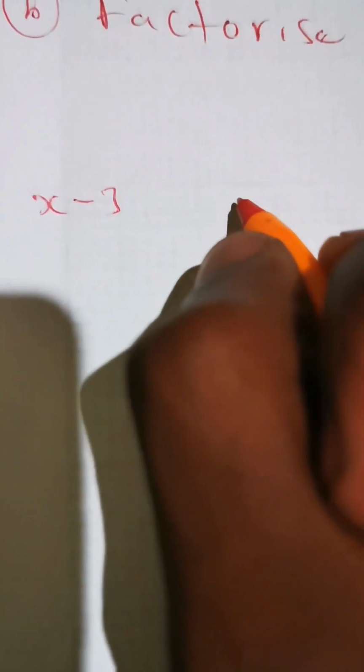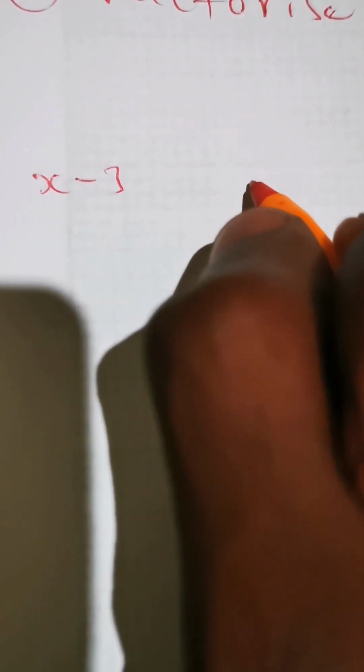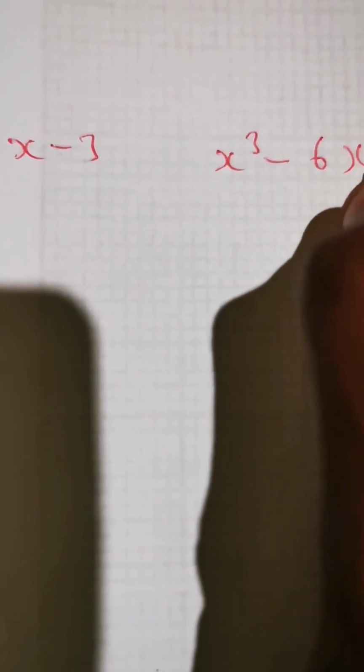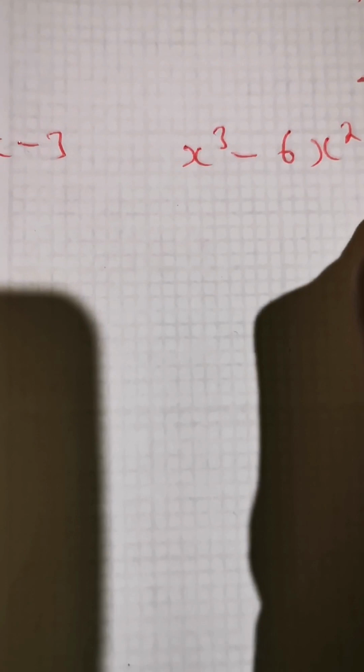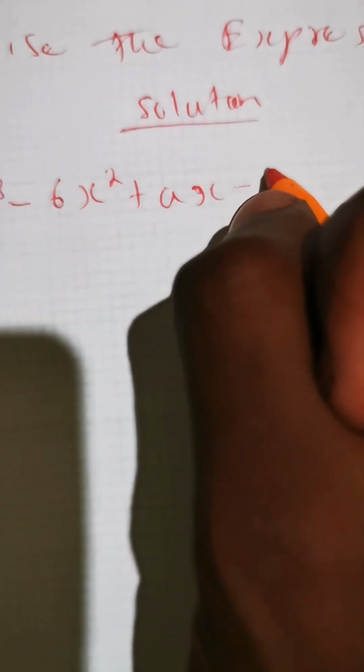So we're going to go to the solution, starting with the first one. You write x minus 3, then write the expression x cubed minus 6x squared plus ax minus 3.